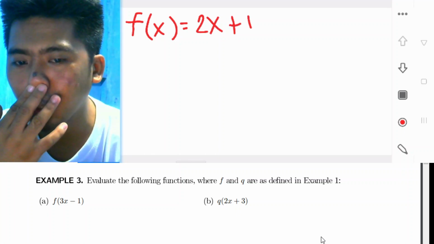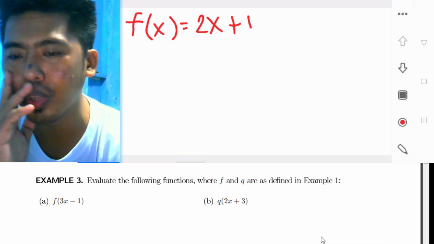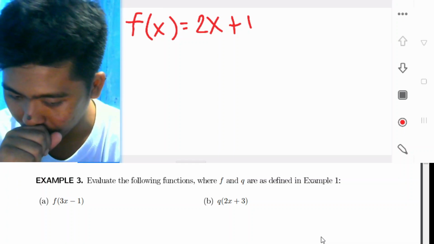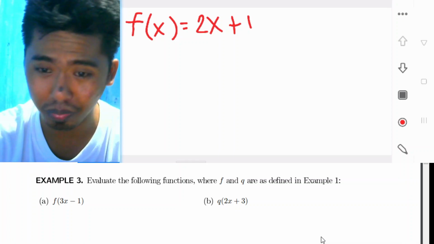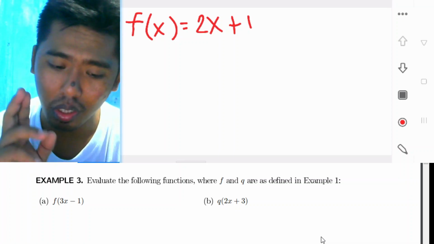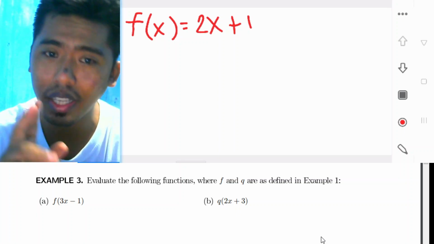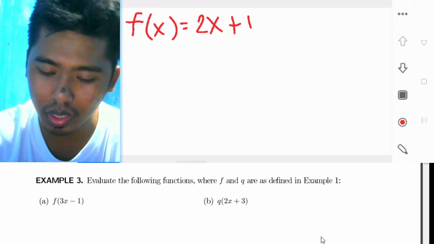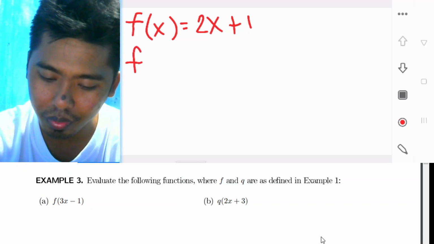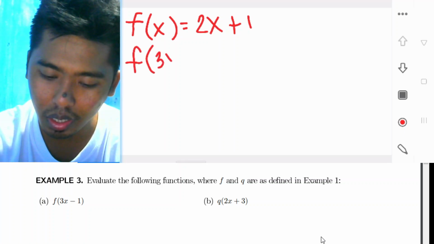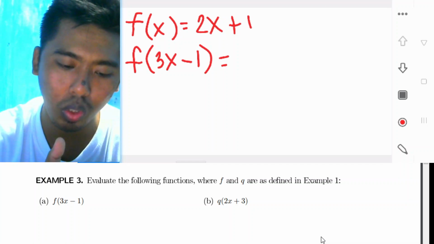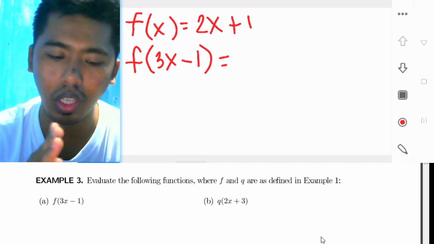We're going to replace all the x with 3x minus 1. So this would become f of 3x minus 1. Meaning in every x, guys, we're going to change it into 3x minus 1.